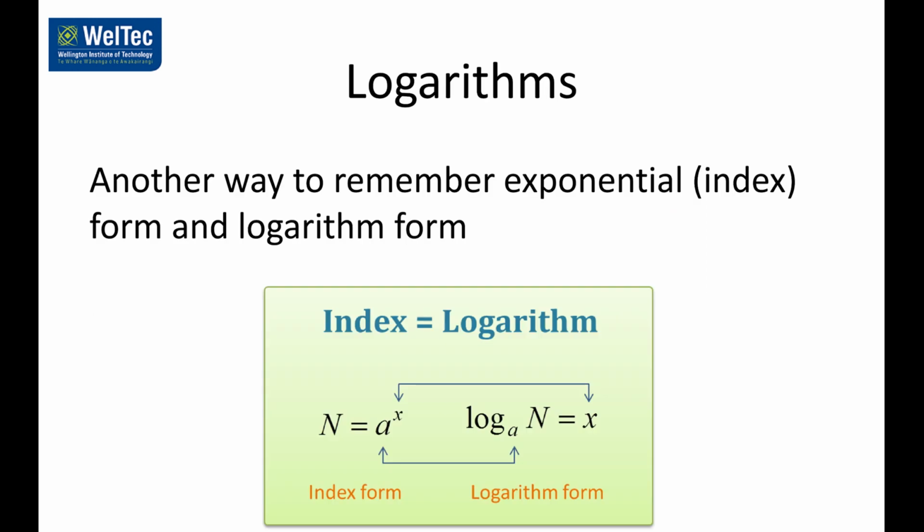Some people like to remember what goes where using diagrams, and it doesn't matter how you remember it, whether you remember it by colour or by question or by this diagram here, it's the same thing. It's asking you what power of a is n. N is a to the x, so the power must be x. The left-hand side is the index form. The right-hand side is the logarithmic form.